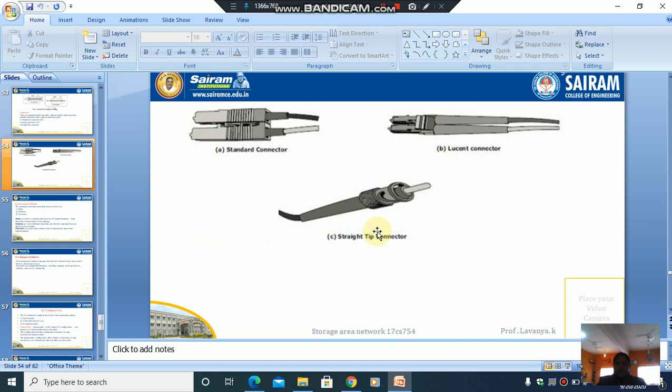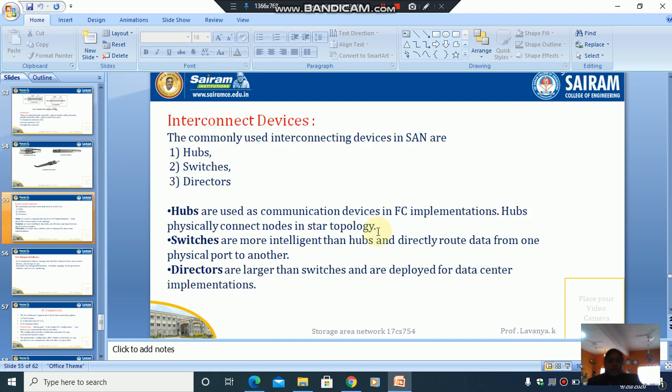Then the next one is interconnect devices. This is the fourth component of our Fibre Channel SAN components. Commonly used interconnect devices are hubs, switches and directors.